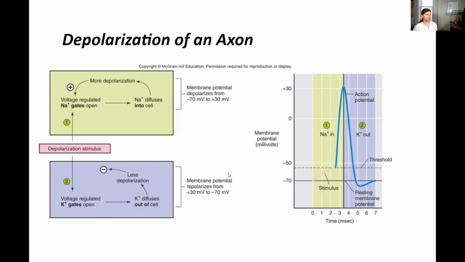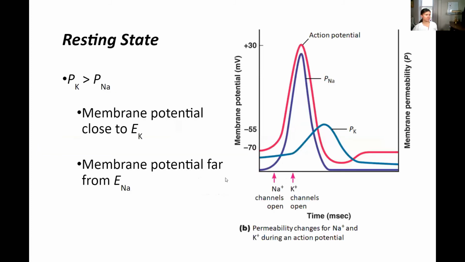Okay. So that's just an illustration of what's going on with these gates as we're looking at this depolarization during the action potential. Okay. So we also saw this chart once before of the action potential as it relates to the permeability of the membrane to sodium and to potassium.